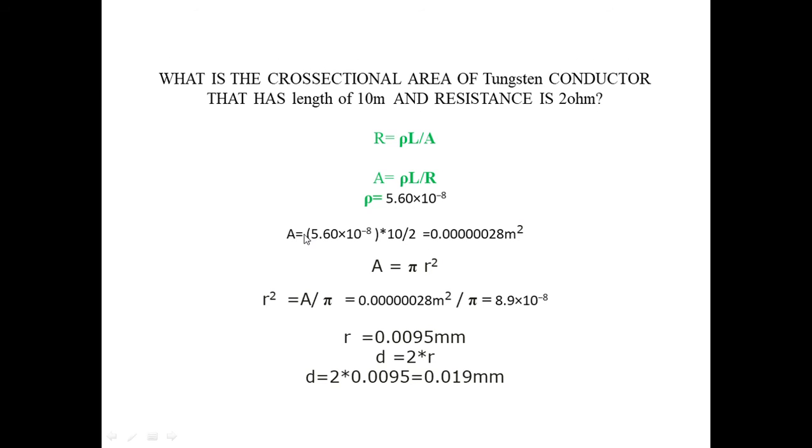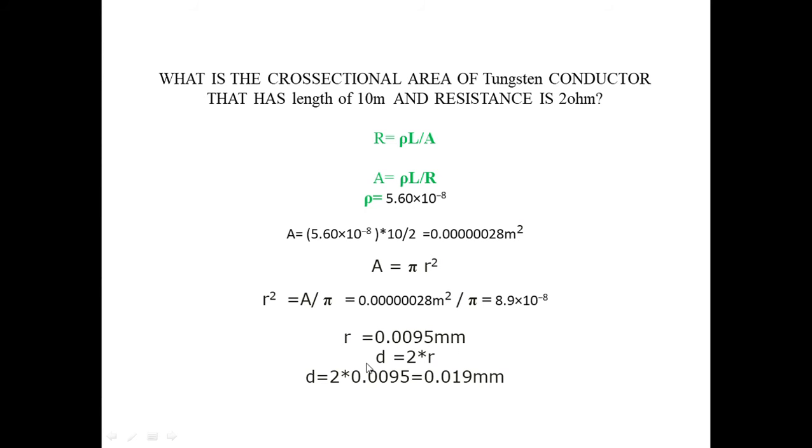So the area is equal to 0.0000228 meter squared. So here the radius is equal to the square root of A divided by pi. So the answer for the radius here is equal to 0.0095 millimeter.